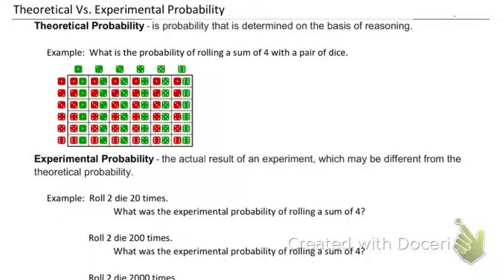So I want to know, what is the probability of rolling a sum of 4 with a pair of dice? First of all, this is my sample space. How many total outcomes are there? In other words, what would our n value be? 36. What's 6 times 6? 36. Are there 6 sides on each die?